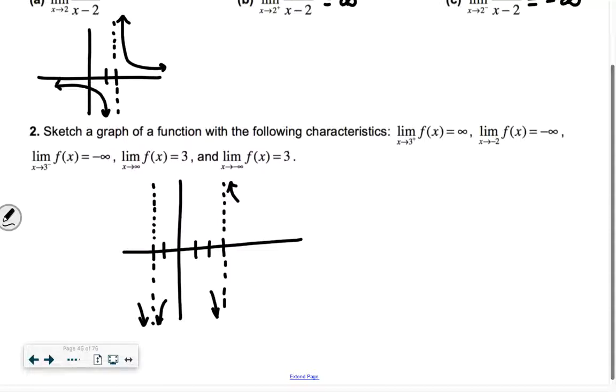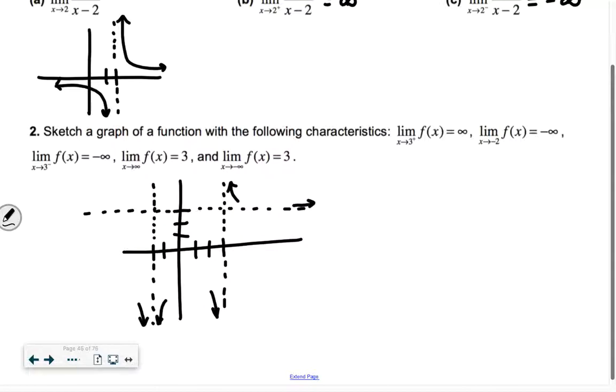The limit as x goes to infinity. So think about where that is on our graph. Where is that? Far right side, right? Way over here. As x gets bigger and bigger, way over there, our y value gets closer to 3. So we're up here, 1, 2, 3. So we have some kind of horizontal asymptote.